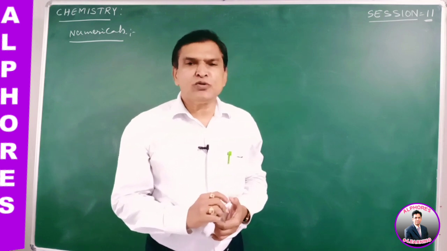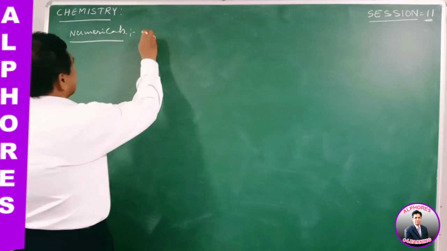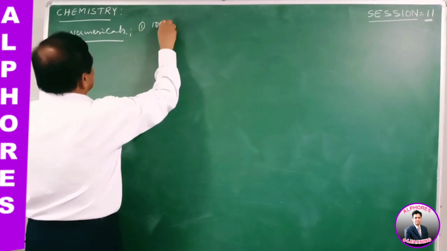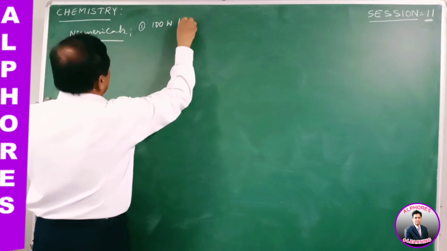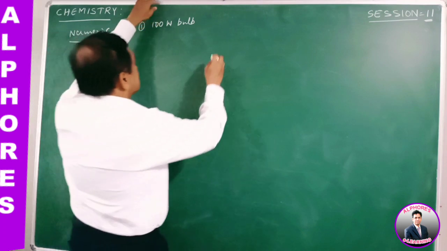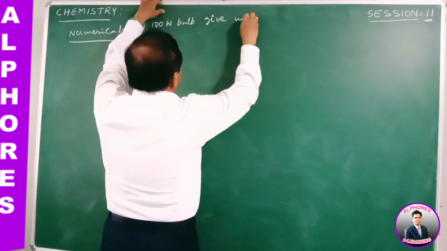A 100-watt bulb gives a monochromatic radiation. Let us take the first numerical.